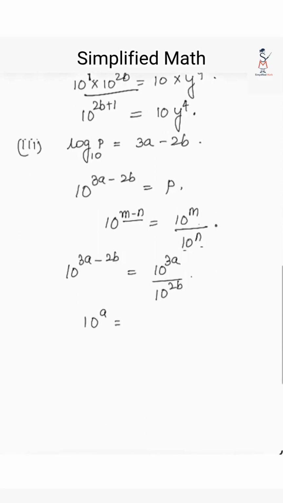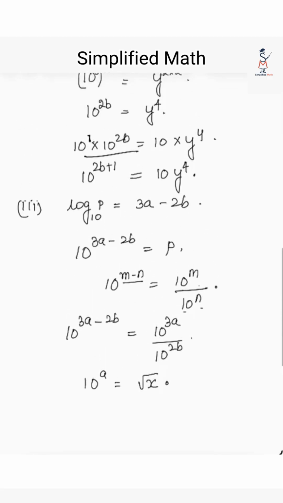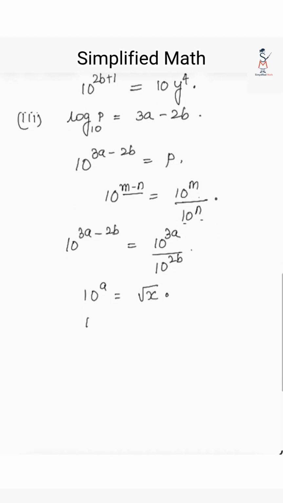So 10 raised to the power a is root x. Let's write it down. And here we even calculated 10 raised to the power 2b is equal to y raised to the power 4. We calculated from above. I have taken these two solution, right?